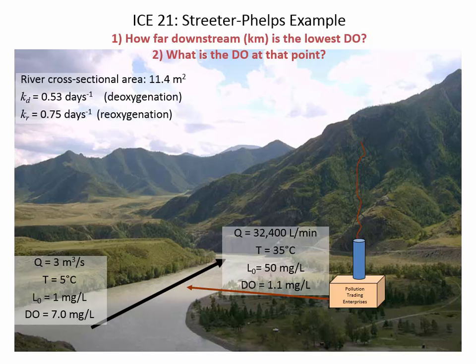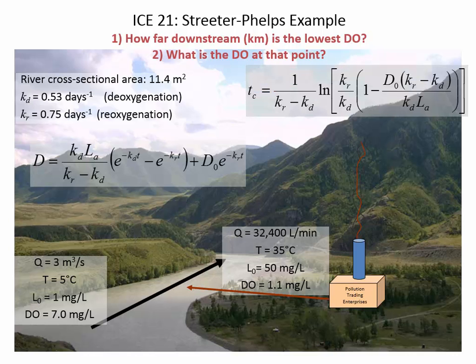So what we want to do is, we know after it mixes, this is the cross-sectional area after it mixes, and we have some rate constants there. We're going to step through the process of applying both the critical and the time to critical, and then what is the deficit in dissolved oxygen.